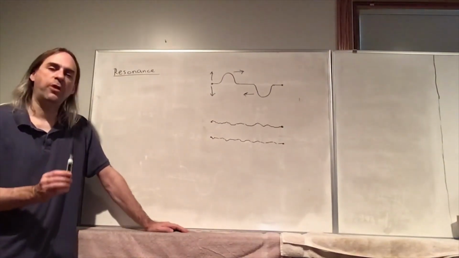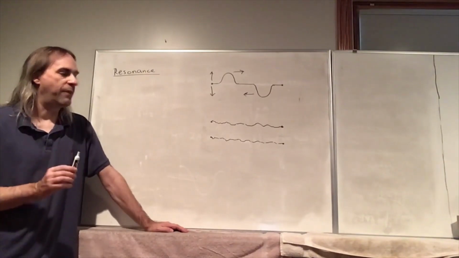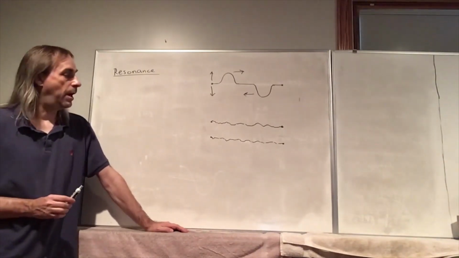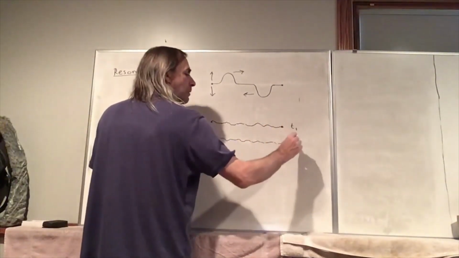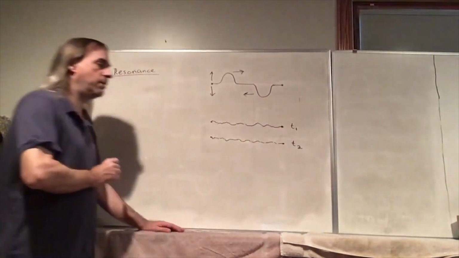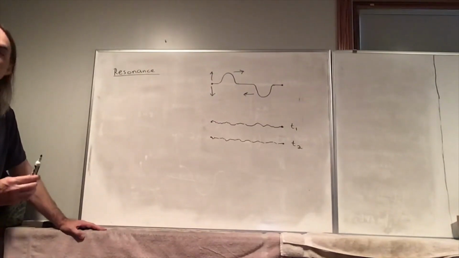However, there are certain frequencies that will give rise to very different results. So let's say this is time t1, some time t2 later. You get this pattern. Now, there are certain frequencies where you might be able to imagine how this would occur.